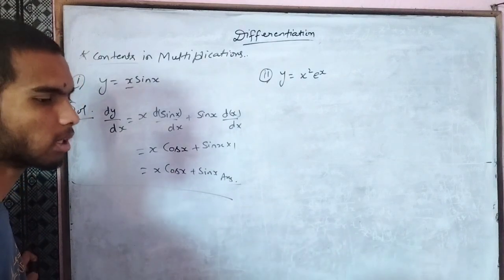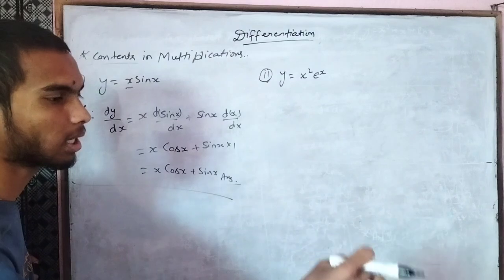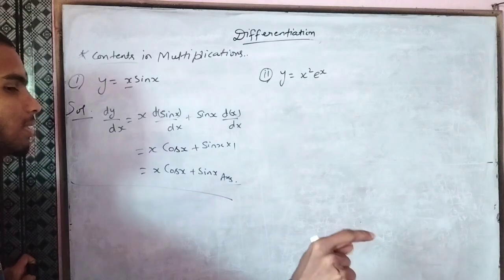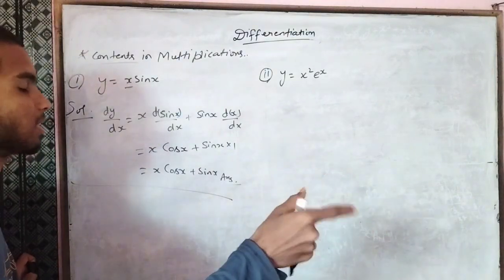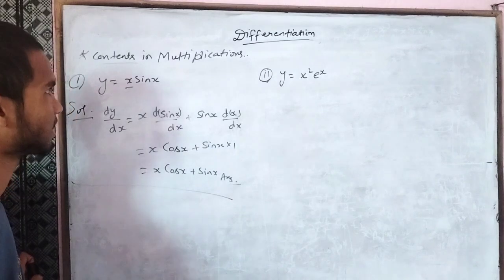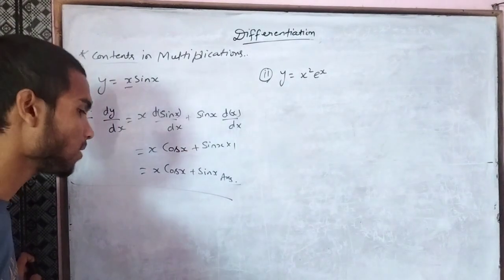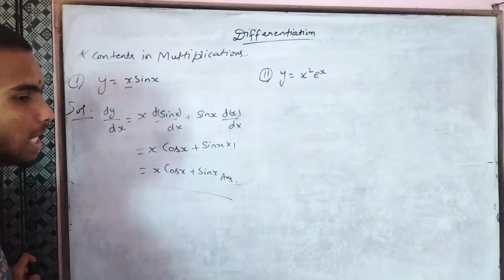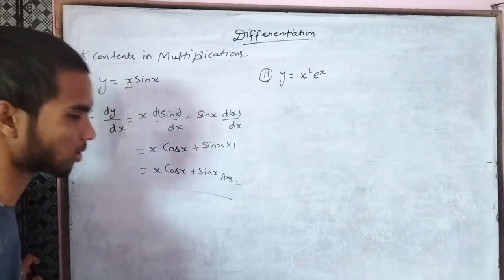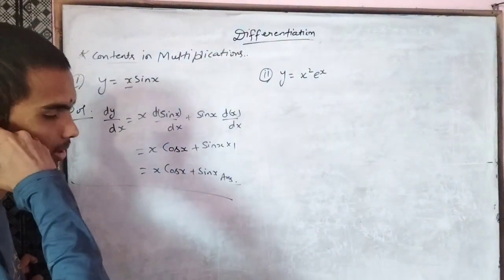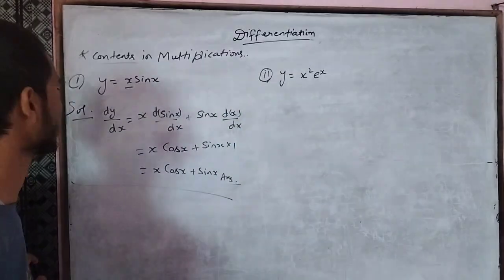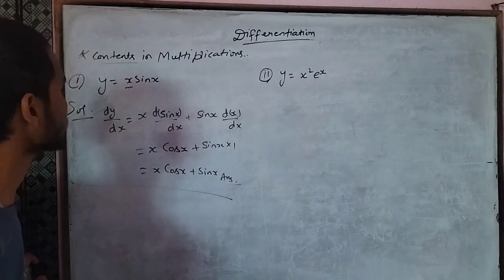But in the case of division, we will see subtraction. So always when there is multiplication, we will observe addition, whereas when there is division, we will observe subtraction. Got it?